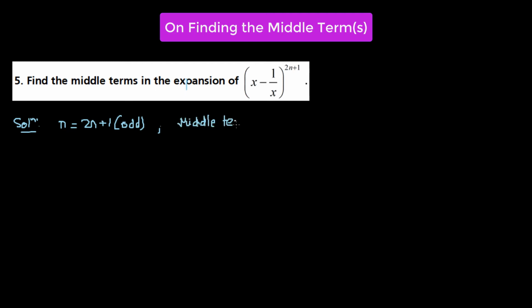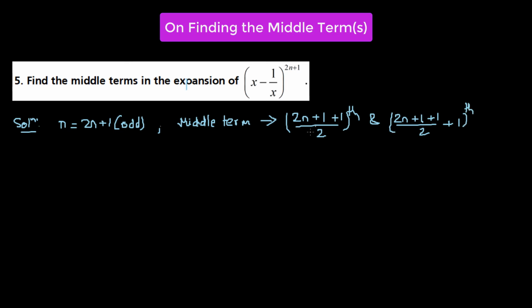So the middle term must be the (2n plus 1 plus 1) over 2 th term, and the (2n plus 1 plus 1) over 2 plus 1 th term must be the other term.